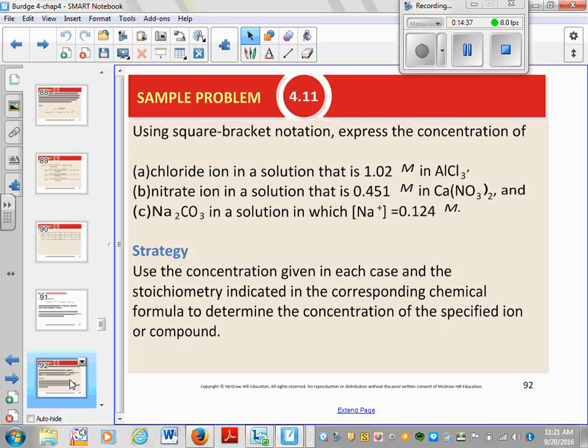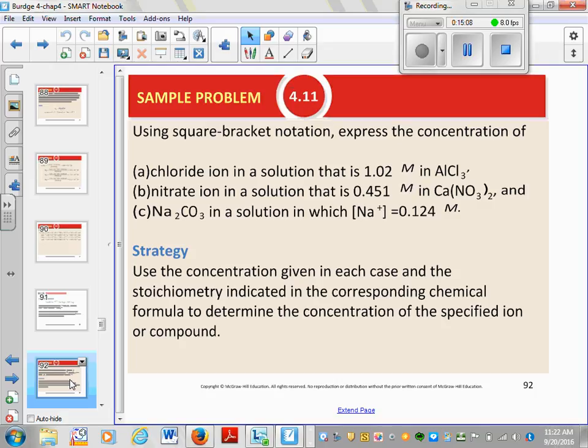If it's 0.451 in calcium nitrate, we say we get 2 nitrates for each calcium nitrate, so what's the concentration of the nitrate going to be? 2 times that, yeah, good. So 0.902.